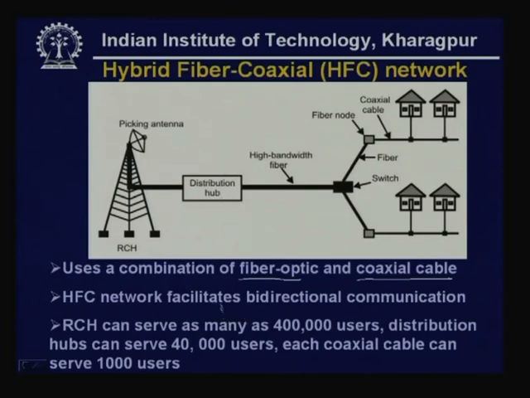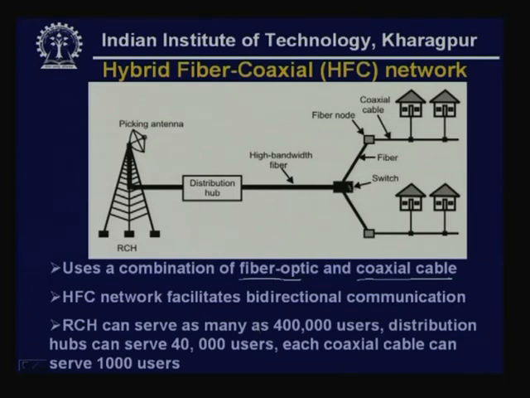From the distribution hubs to the fiber node, it is essentially optical fiber. You can see here that in between there are switches, and from the fiber node it is essentially coaxial cable. So ultimately, to the user premises it is coaxial cable, but from the distribution hub to the fiber node it is optical fiber.